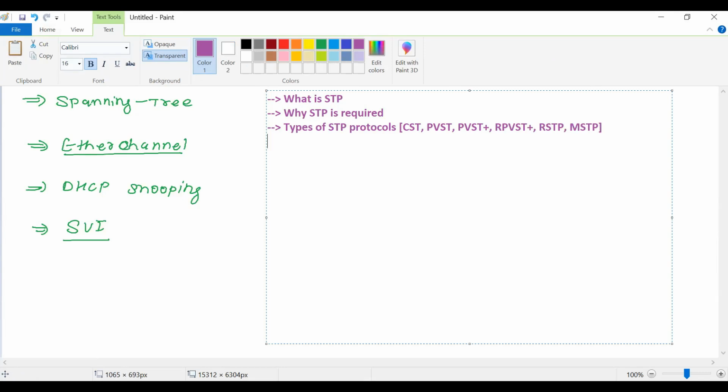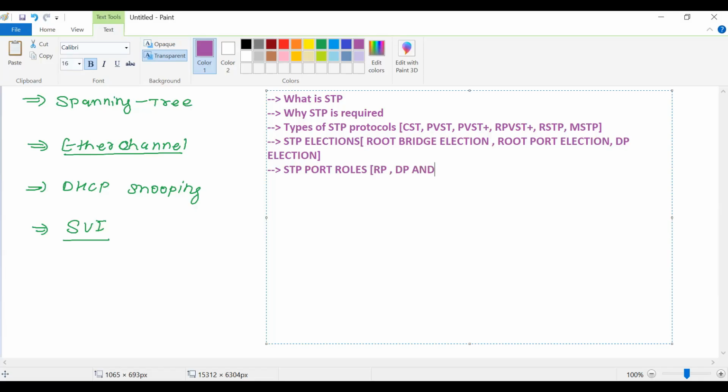Then root bridge election, DP election, then STP port roles, like you have RP, DP, and alternate port.